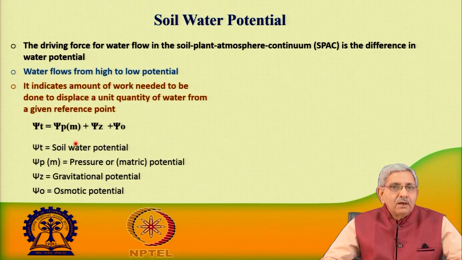Gravitational potential is the case of saturated soil when gravitational water takes place. Osmotic potential is the case when there is a concentration of salt in the soil. I was telling you in the previous lecture about the osmotic potential or osmosis. This is the case when there is a concentration of salt in water, or in case of a saline soil.